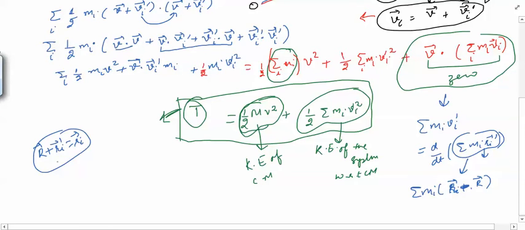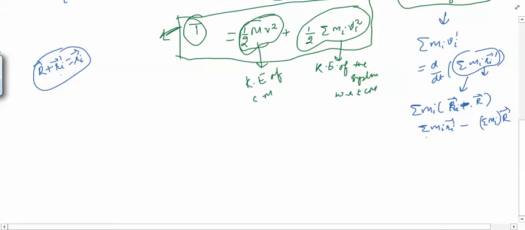From this relation, r_i dash vector is r_i vector minus r vector. So this is summation m_i r_i minus summation m_i times r, and r is independent of i, so I write it outside. I can write it as summation m_i r_i divided by summation m_i, multiplied by summation m_i, minus capital M, the total mass of the system, into r.